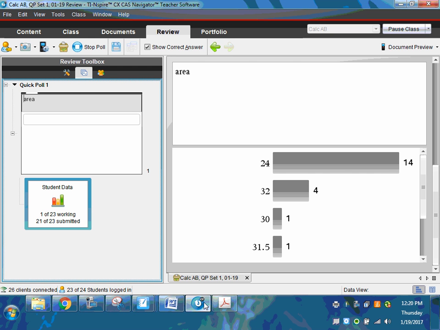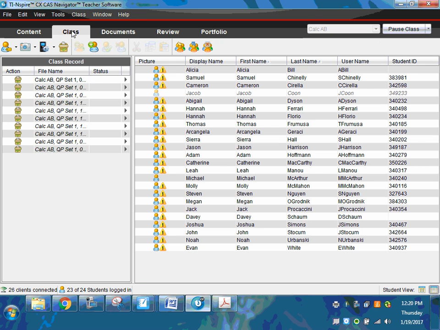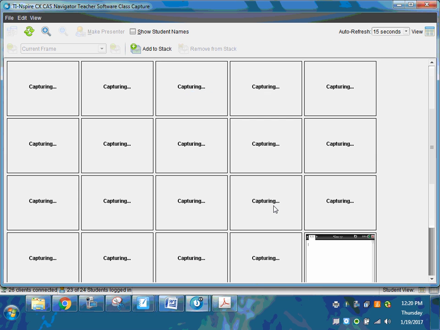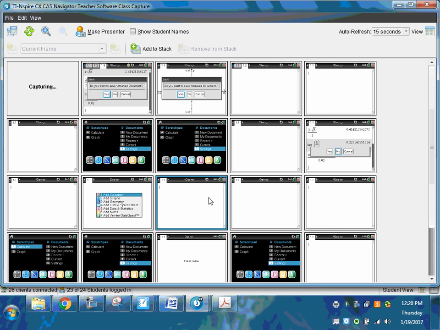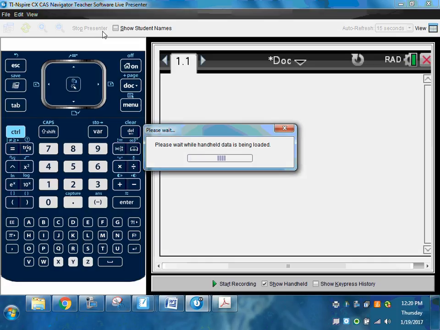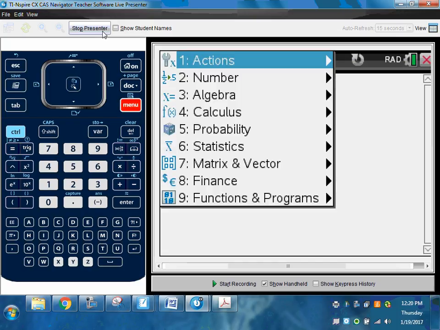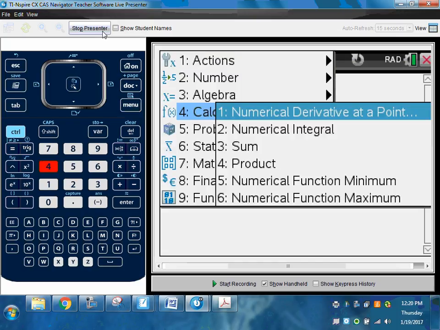Go into your working screens right now, please. Now, we're going to figure out where this is together. Make sure you're in a doc. We're going to evaluate these ones out. On the Nspire, press menu, then drop down to calculus, which is 4. Which one do you think you're going to evaluate?